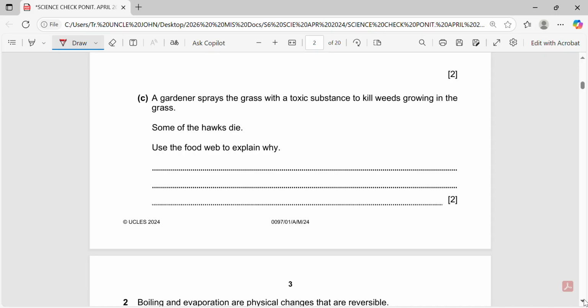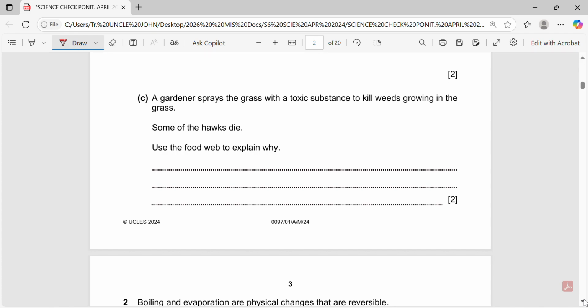Sub-question C says, the gardener sprays the grass with a toxic substance to kill weeds growing in the grass. Some of the hawks die. Use the food web to explain why.